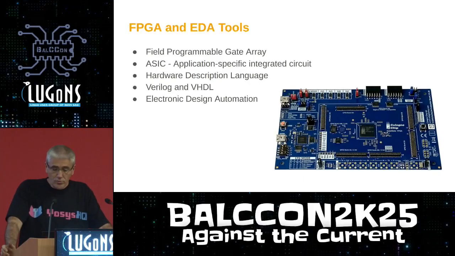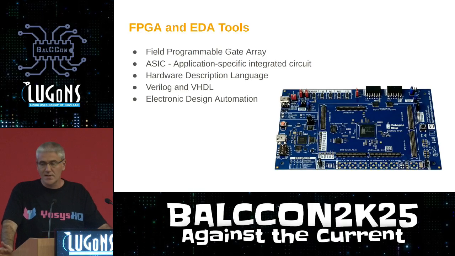The process of developing them is quite long, and it's quite expensive to build your own ASIC. But there is a cheaper solution: you can use FPGAs and create your own hardware in a short amount of time. To do that, you use HDLs, hardware description languages, to describe that hardware.